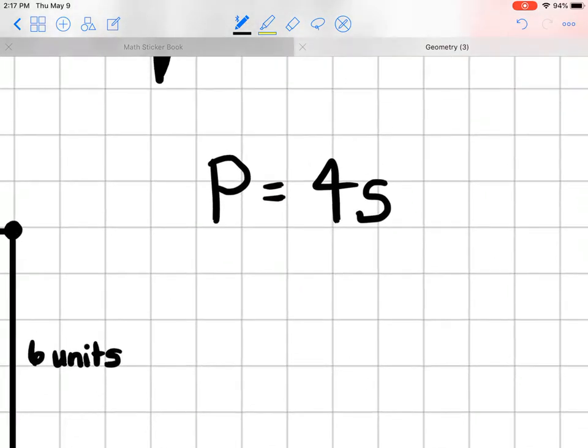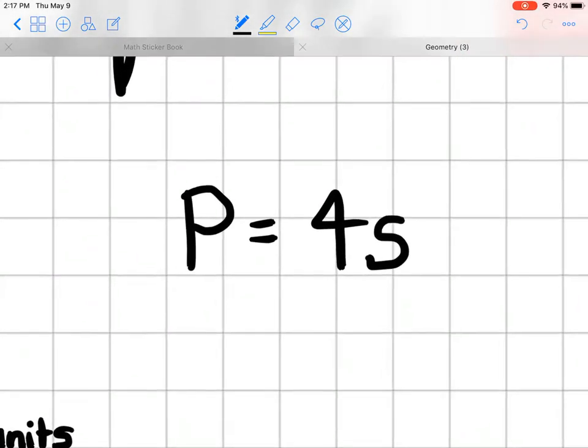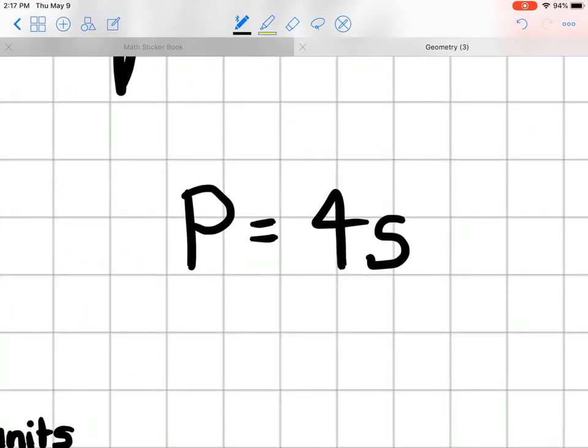So let's think about this for just a minute and see if we can figure out what this is saying in algebra language. You're looking at algebra right there. Capital P means perimeter, or the distance around. 4 is a constant, it's a number, but side could be anything. It could refer to any square.